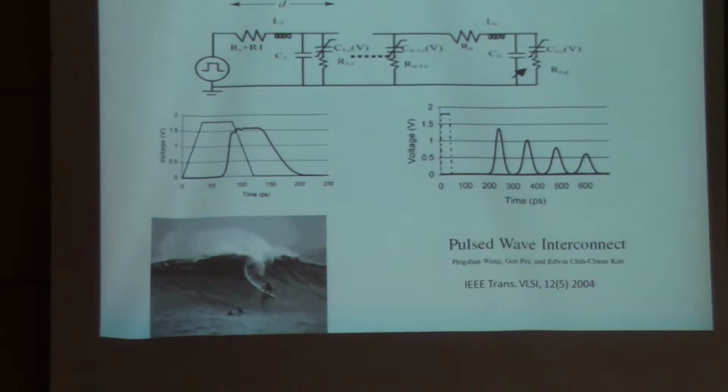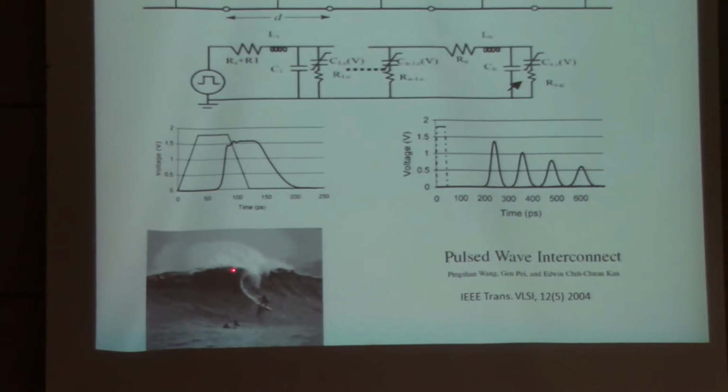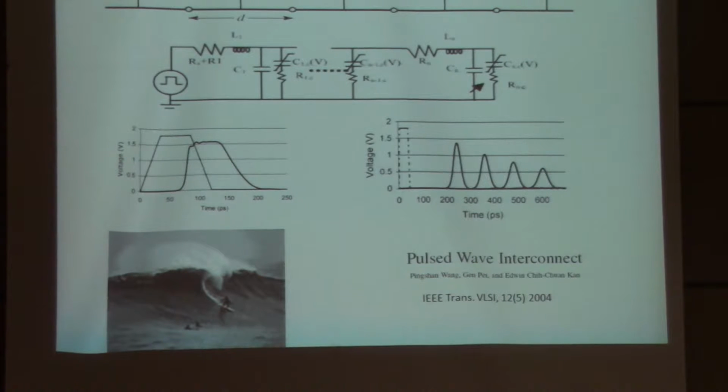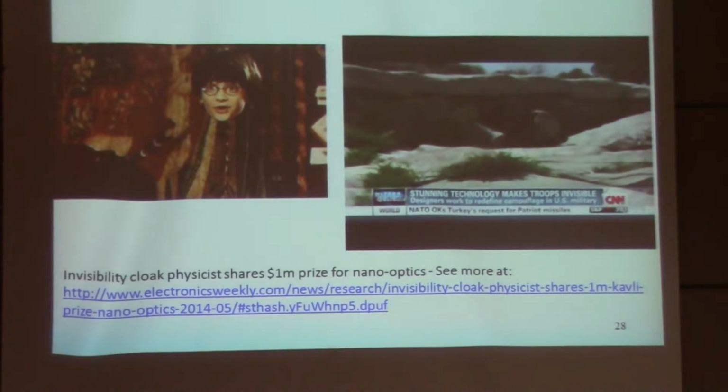And if you derive the voltage wave, right, or current wave, the wave propagation equation is the same as the wave here in the ocean, okay? It's kind of interesting, and last time we mentioned the invisible cloak.